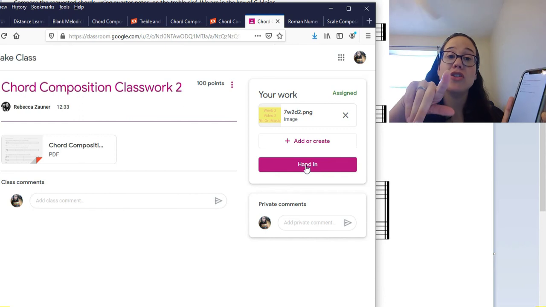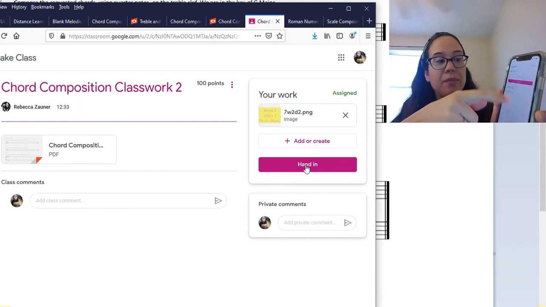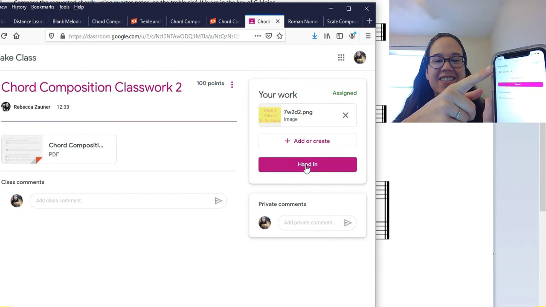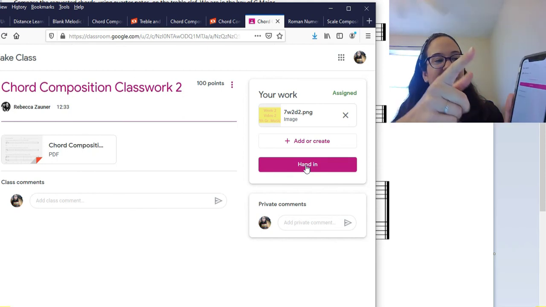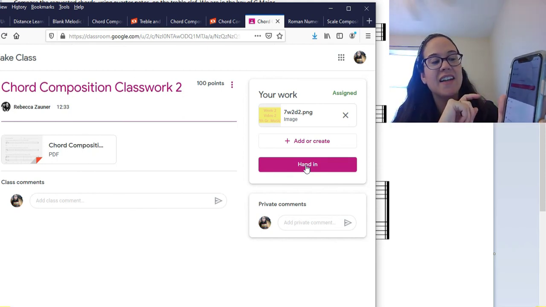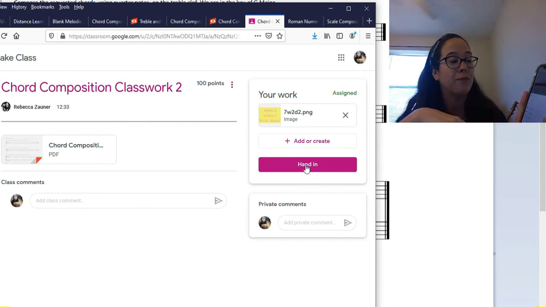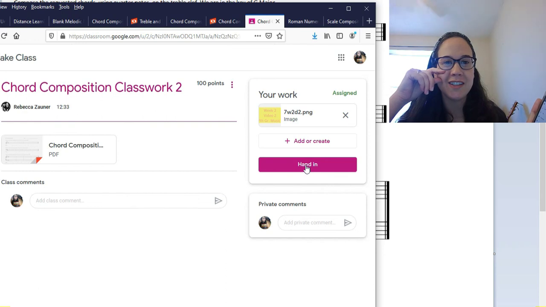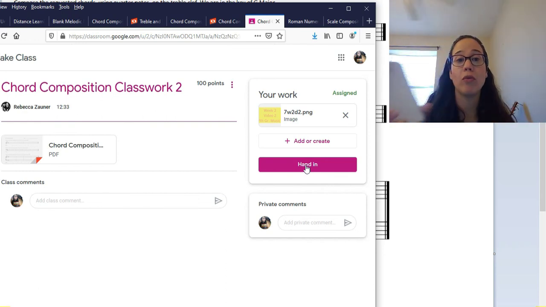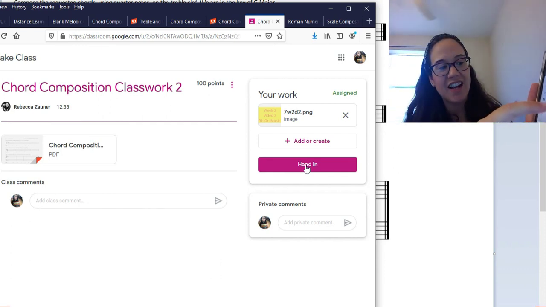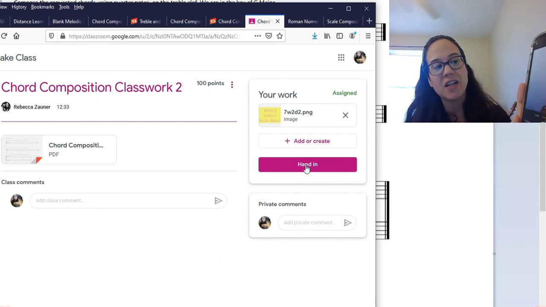For me to be able to turn it in, I need to swipe up, and then the your work appears just like it is on the screen of the laptop right now. I'm going to add an attachment, and this is the time when I'll want to actually take the photo. It's not so simple to add an attachment that's already in your camera roll. I don't know why, but it's not. So I'm going to add the attachment and use my camera to take the attachment right now.